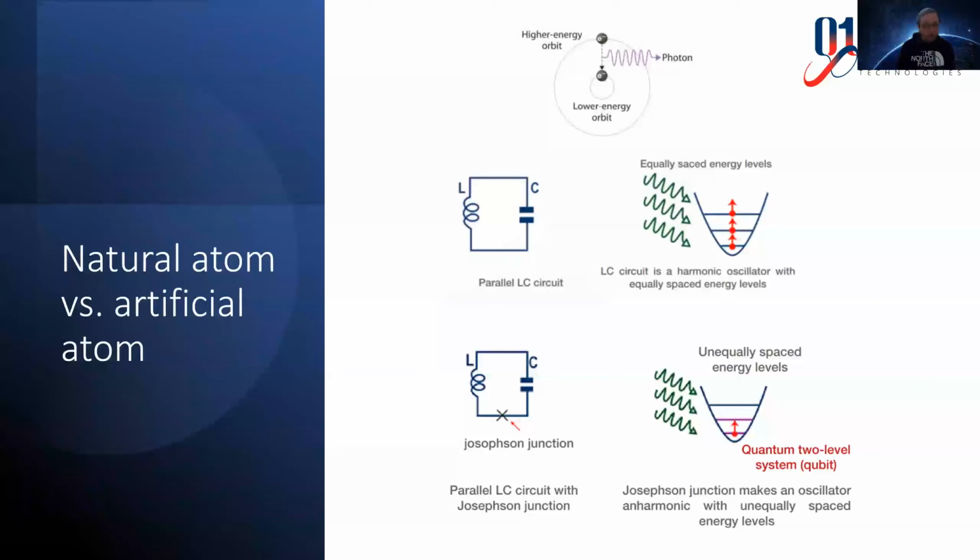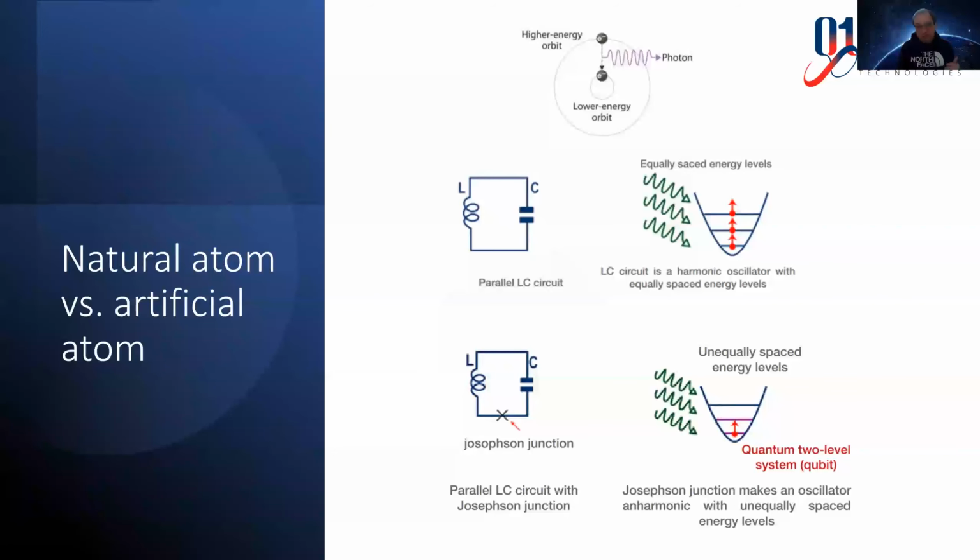This is in fact possible with the help of a nonlinear superconducting element called the Josephson junction, which can be considered as a nonlinear inductor. And if we connect the Josephson junction in parallel to a capacitor, then we have an anharmonic quantum oscillator, as we see here.